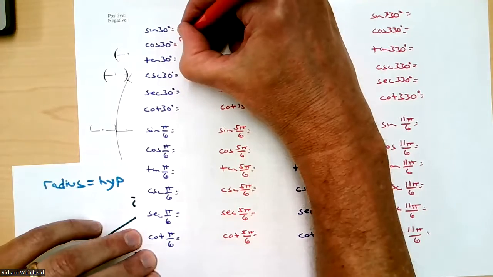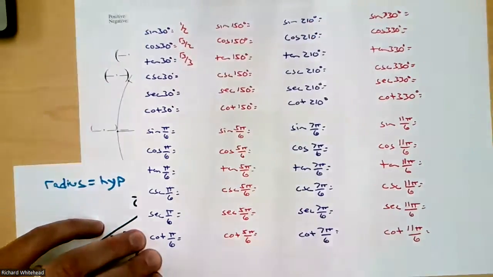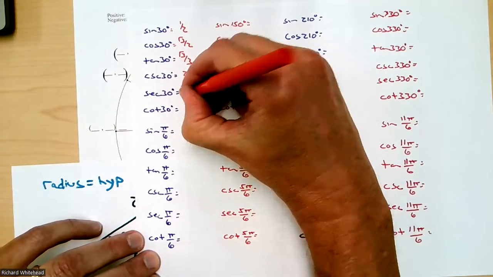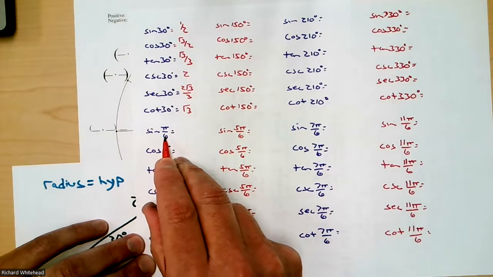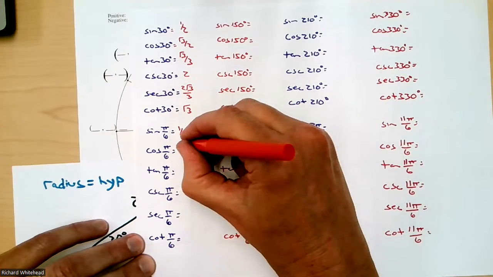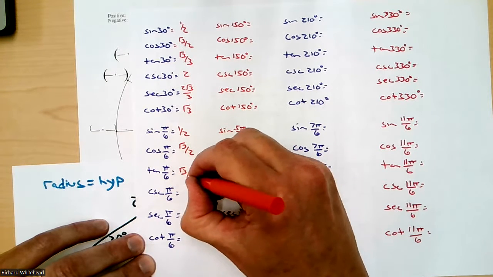Sine of 30 is 1/2. Cosine is root 3 over 2. Tangent is root 3 over 3. Cosecant is 2. Cotangent is root 3. Now, we're also going to start thinking in terms of radians. So this is all the same for pi over 6.